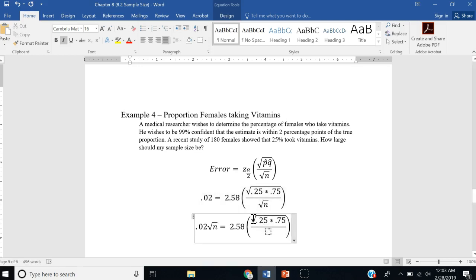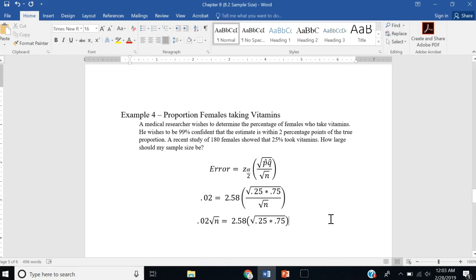So on the right-hand side, all I'm going to be left with is that square root: square root of 0.25 times 0.75. As always, my next step is to divide by my coefficient. In this case, that coefficient is 0.02.